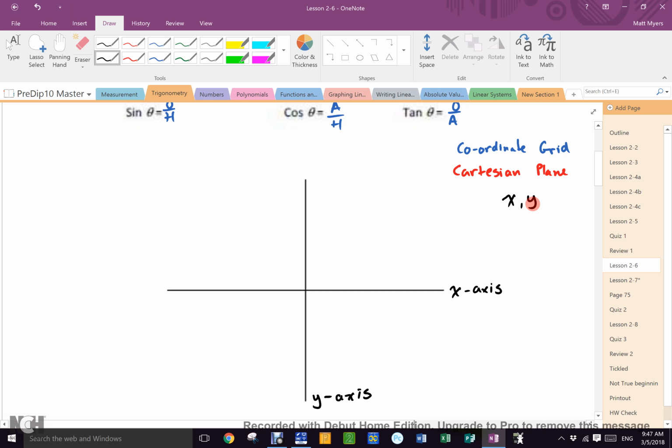Right? Over here are the positives. Over here are the negatives. Down here are the negatives. Up here are the positives. You all know how to read this thing. You should be able to read it in your sleep. Yeah? Excellent. What do you call that point right there?